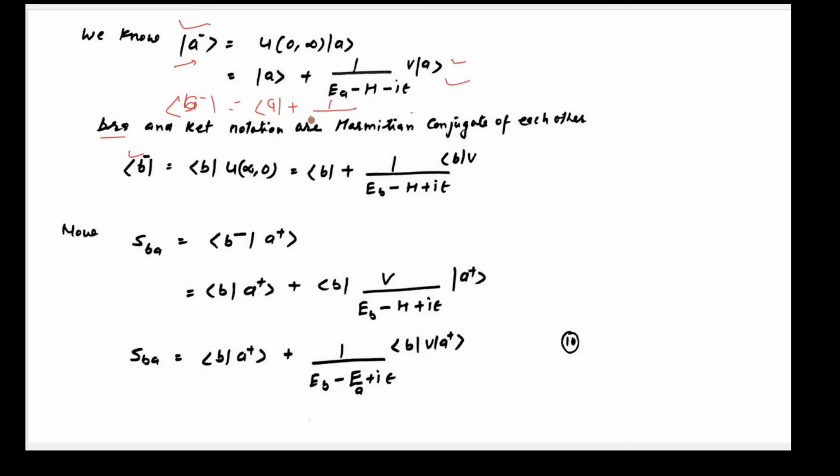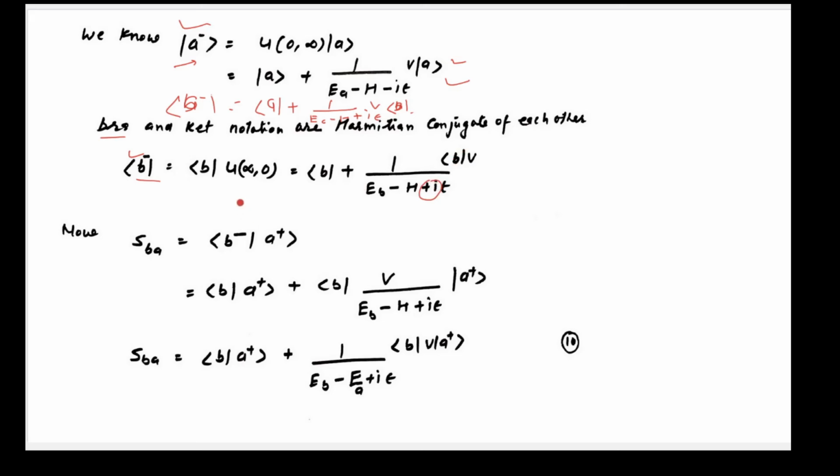So it will be equal to (E_A minus H plus iε) V_B in bra form. Now replace A by B, and we will get this here, with a positive sign, because this is in bra form.